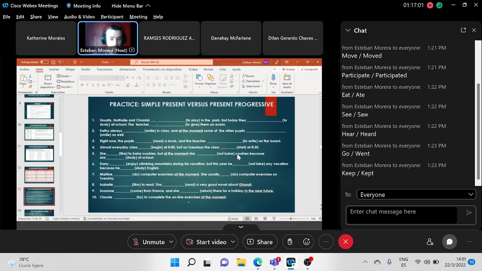Okay, guys. So we're going to work on this. This is basically a comparison between simple present and present continuous tense. Number one, usually Natalie and Chantal in the park. Okay, it says usually, right? Something that happens every day. Well, not every day, but frequently.